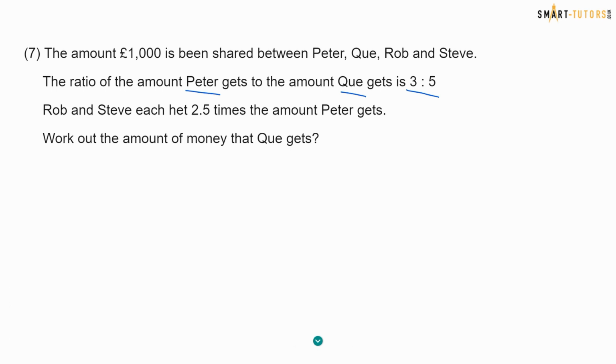Rob and Steve each get 2.5 times the amount Peter gets. Work out the amount of money that Q gets, right?